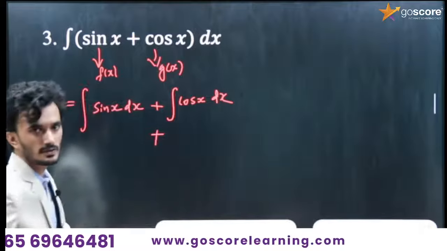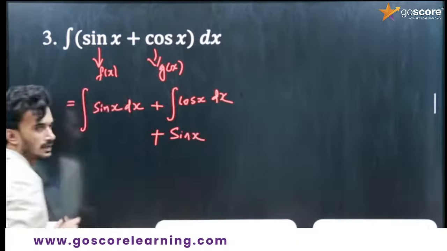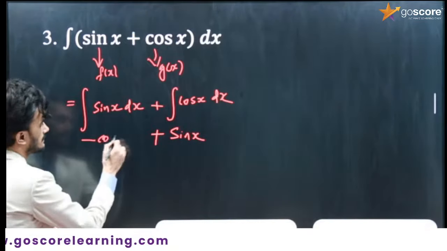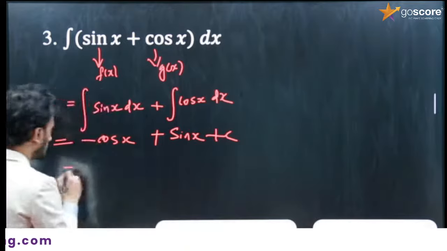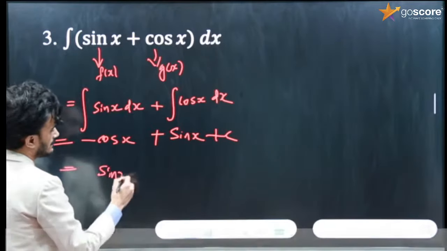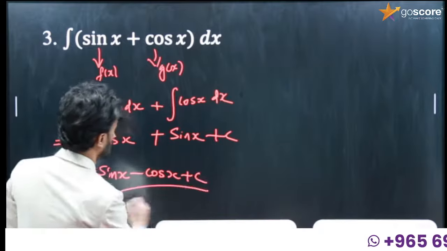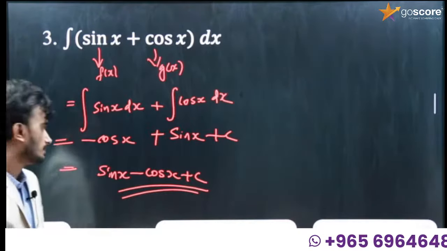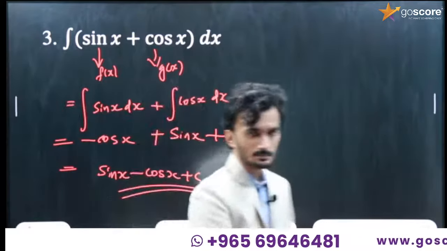What is the integral of cos x? That is sin x. What is the integral of sin x? It is minus cos x, plus c. Or we can rearrange this one: sin x minus cos x plus c.